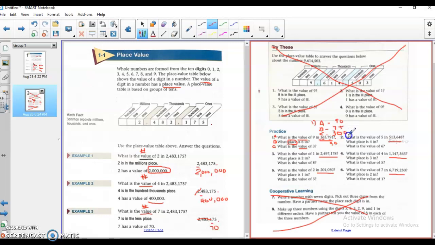Then that's with a comma, not a decimal, that's not a decimal, that's a comma. And so the 6 becomes a 0, the 5 becomes a 0, the 7 becomes a 0, the 9 becomes a 0, and the 1 becomes a 0. So the value of the 3 is 300,000.